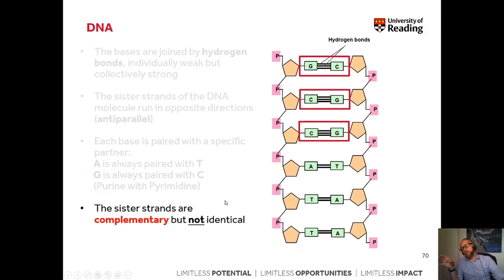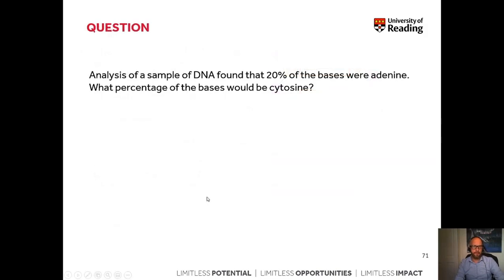An additional property of the double-stranded DNA molecule is that those strands are actually complementary but not identical. And this makes sense. So the sequence is different and those strands are antiparallel. So please keep in mind they are complementary but they are not identical.